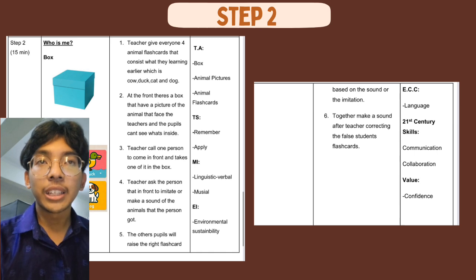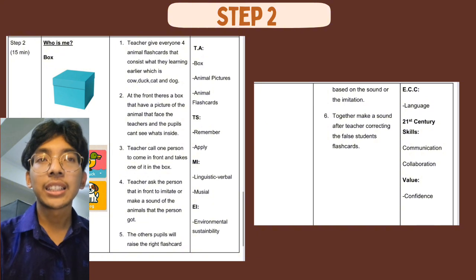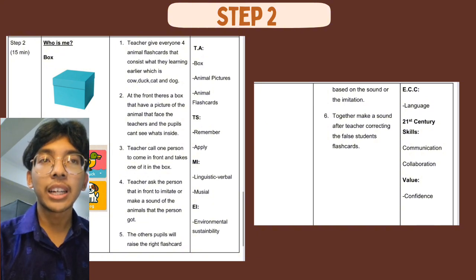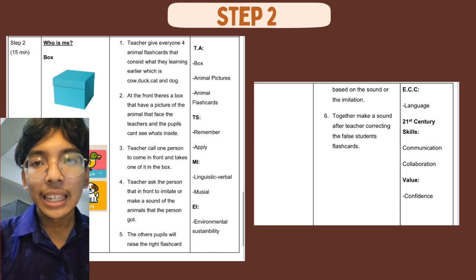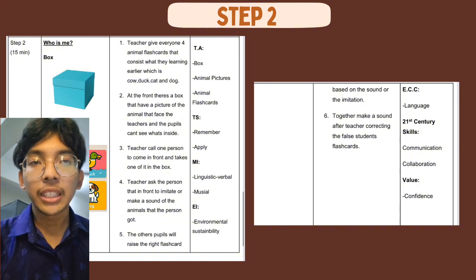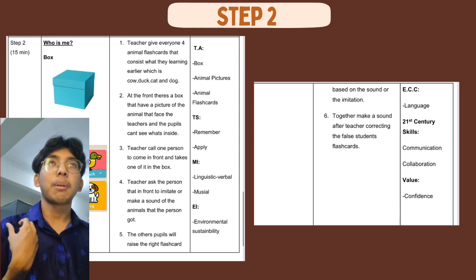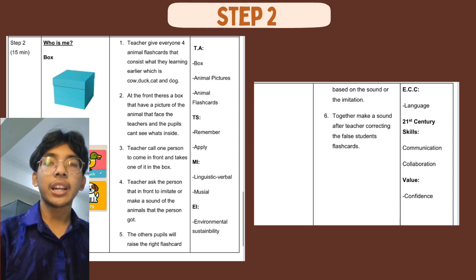After giving the animal flashcards to everyone, at the front there is a box that has pictures of animals facing the teacher, and the pupils can see what animals are inside. Then the teacher will call one person to come to the front and take one animal from the box.